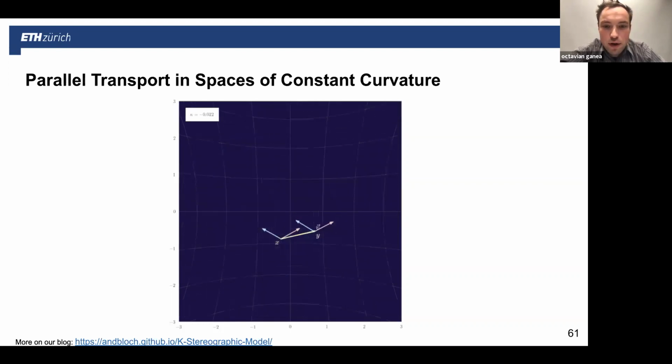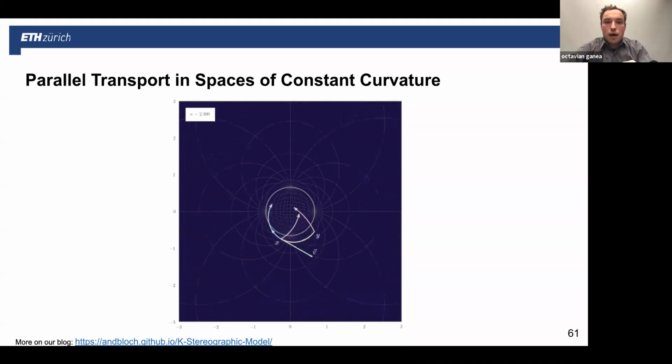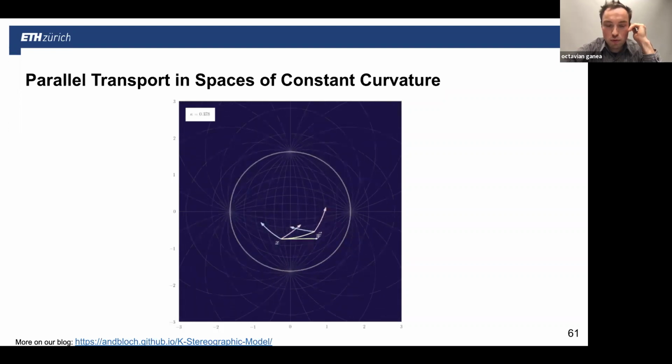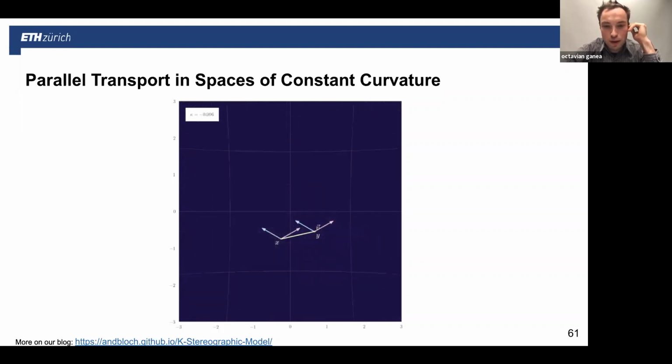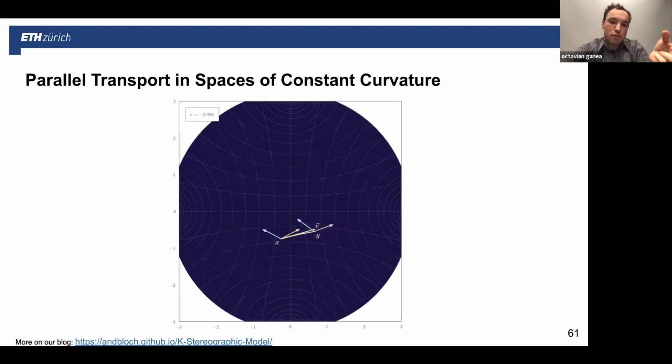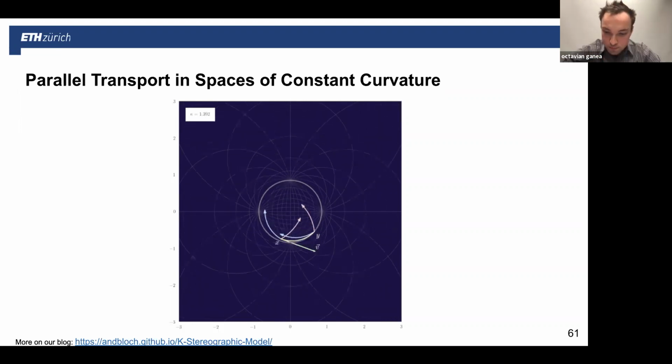It's not as trivial, or as straightforward, as in a Euclidean space. And here I'm just showing a picture of how it actually looks. The two blue vectors show how the vector from X is parallel transported to Y.